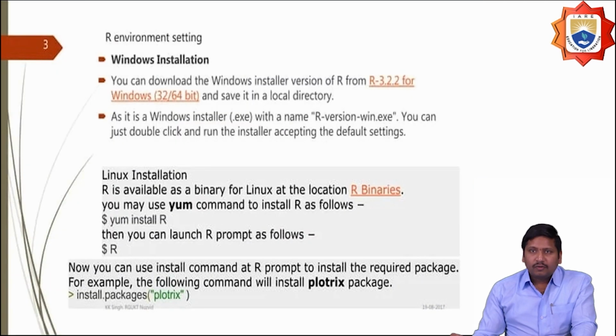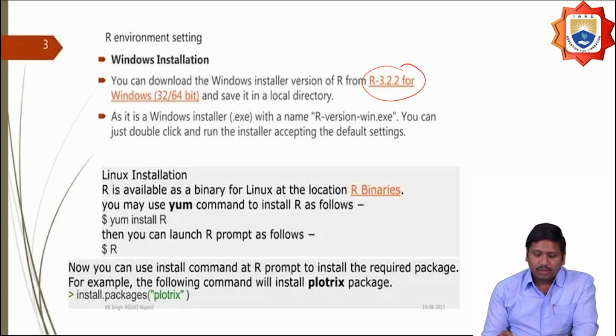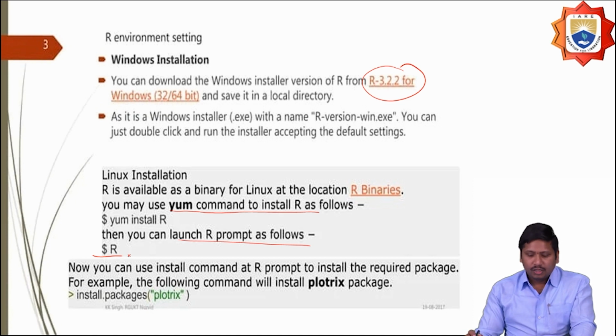Next, Windows installation. For that, R 3.2 is the version available for Windows 32-bit and 64-bit. For Linux installations, R is available as binaries for Linux. We use the yum command to install R in the Linux environment, and then launch R at the prompt.